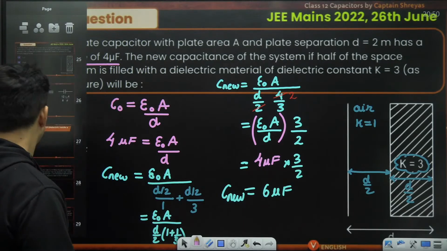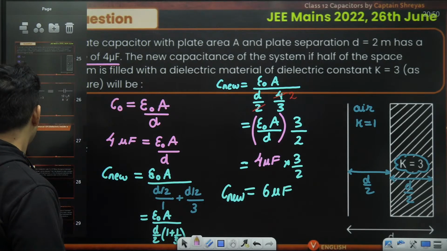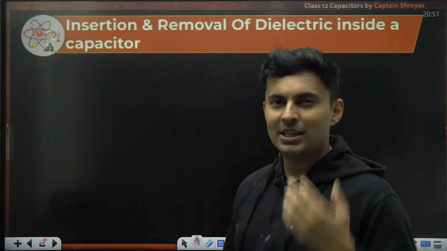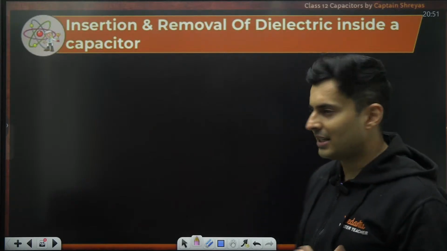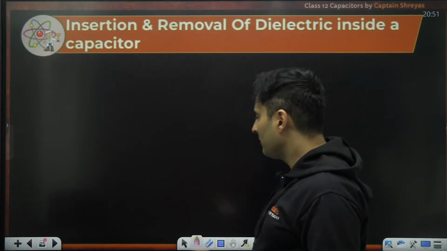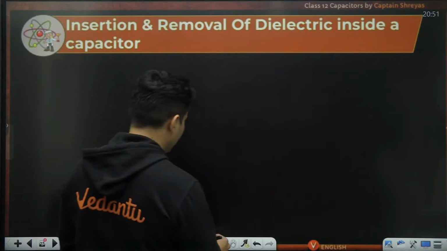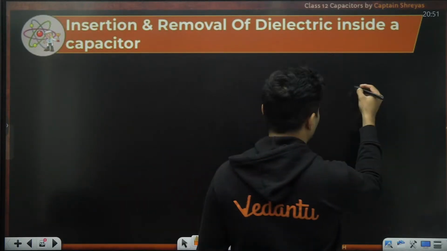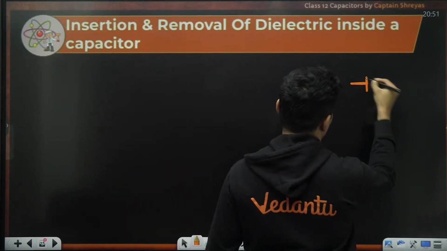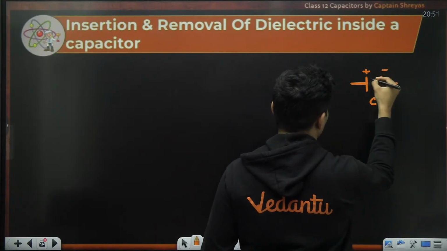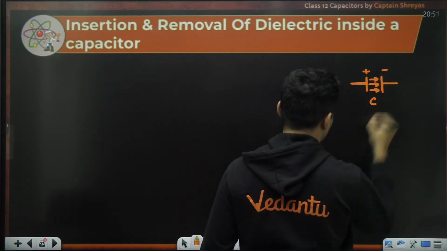Correct. Okay. Now, what happens when you take a dielectric, you place it inside or you remove it outside? There are a couple of things that can happen, obviously, and we will see all the different variations. So imagine we have a capacitor whose capacitance is C, some charge is stored, there is some electric field between them.